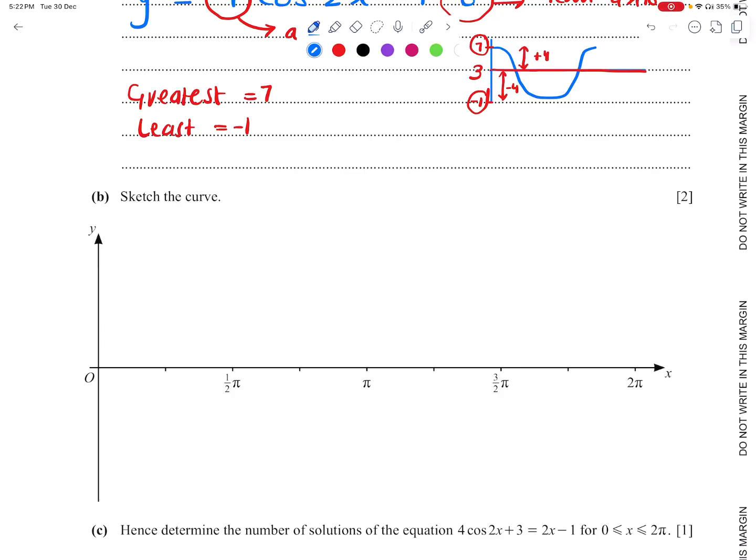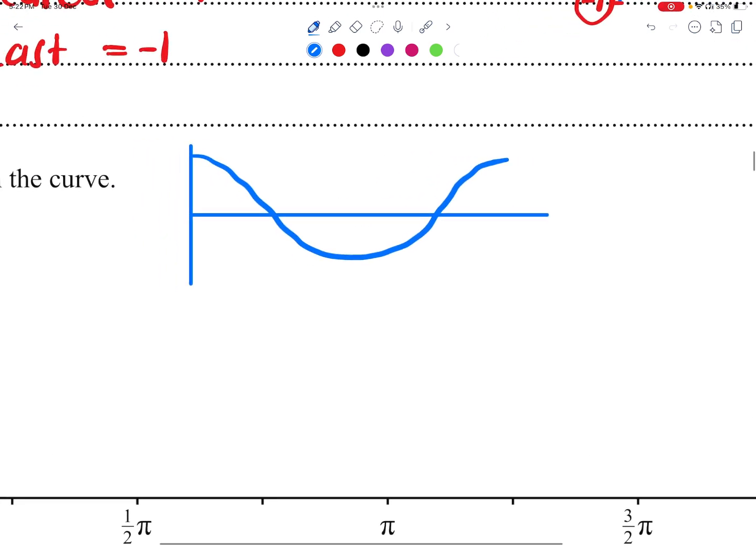Now in this question, it's very important that you first understand what a normal cos curve looks like. So y is equal to cos x graph, what it naturally looks like. It basically is supposed to be something like this. And you need to understand the intersections.